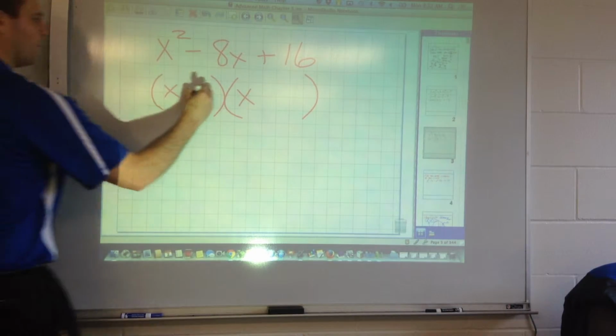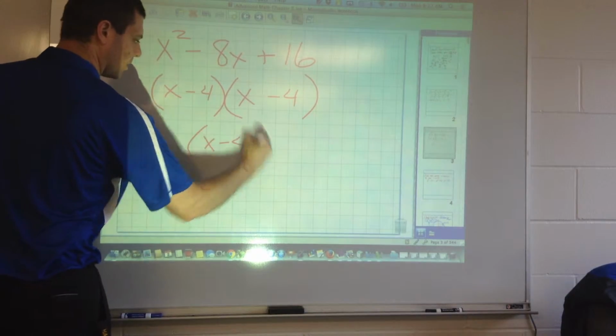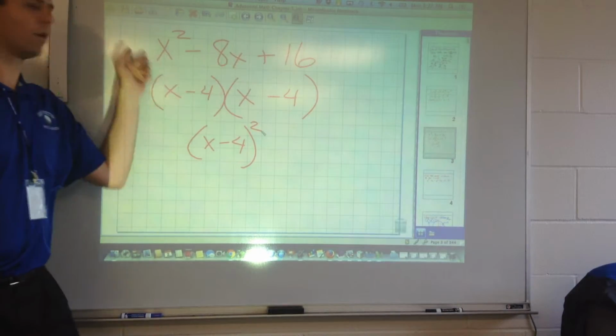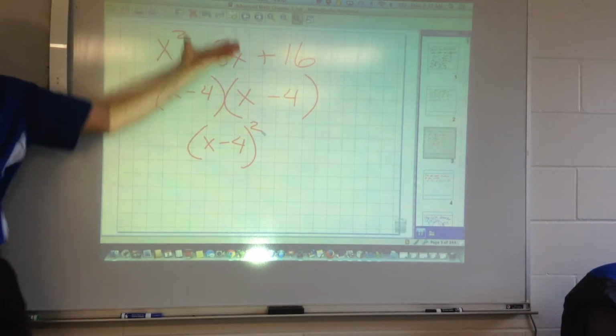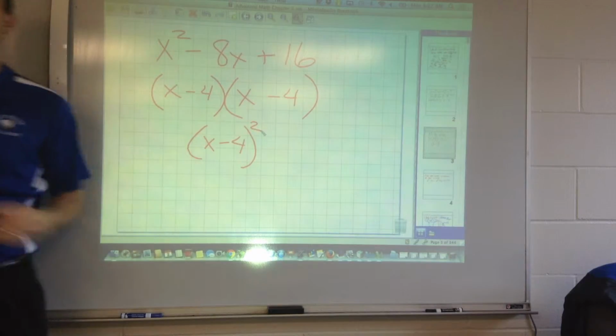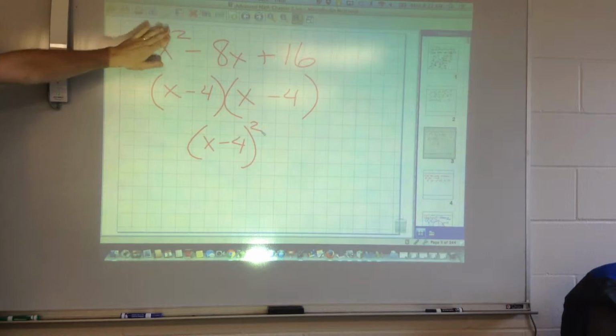Negative 4 and negative 4, right? So really, isn't that x minus 4 quantity squared? So this is a perfect square, because if I factor it, I get a quantity squared.